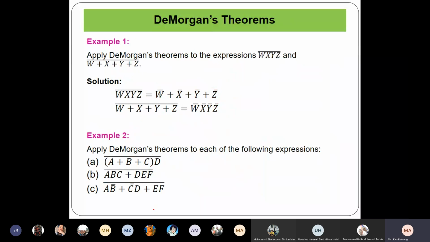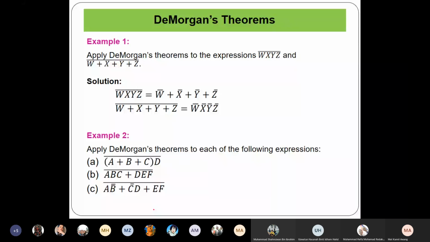Example. Apply De Morgan's theorem to the expressions (WXYZ) bar and (W or X or Y or Z) bar.